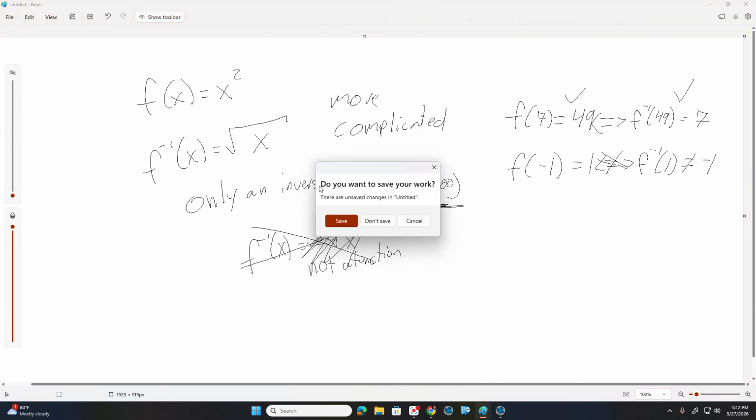Now, most of the things that we're going to look at have functions, even if we have to put them as functions only on certain domains, and maybe the inverses go a little bit crazy on the domain. But the important thing is, if a function is 1 to 1, it has an inverse.